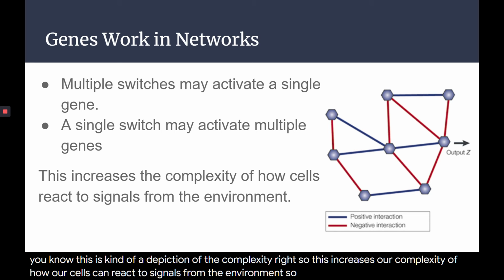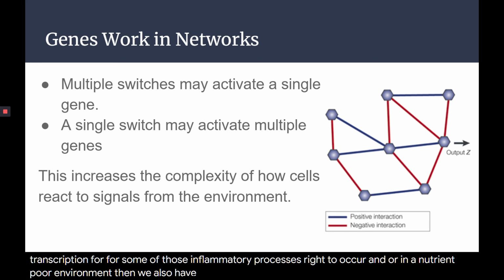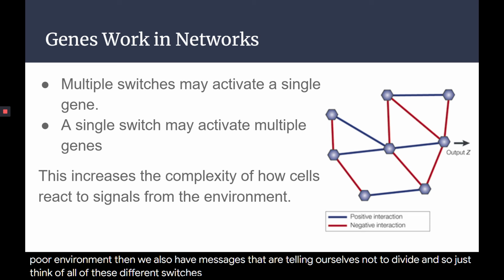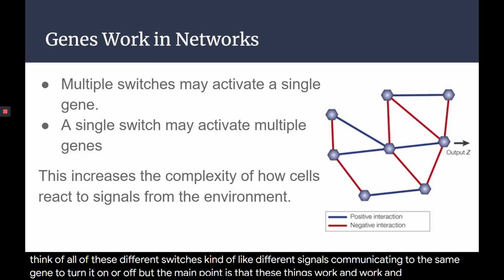So say we are hurt, we might activate transcription for some of those inflammatory processes to occur, and for cell division to occur. But say we are in a nutrient-poor environment, then we also have messages that are telling our cells not to divide. So just think of all of these different switches as different signals communicating to the same gene to turn it on or off. But the main point is that these things work in networks.